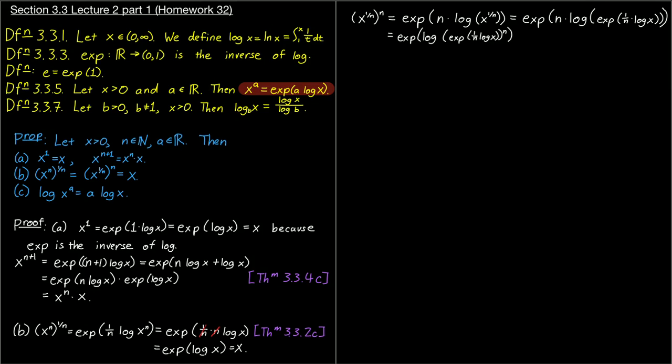And that we can move integers into exponentials. And now we use a corollary to theorem 3.3.4c: exponential to the power of n, the exp log hangs out front, and then that becomes exp of n times 1 over n log x.